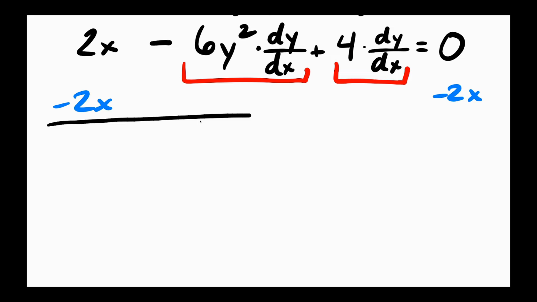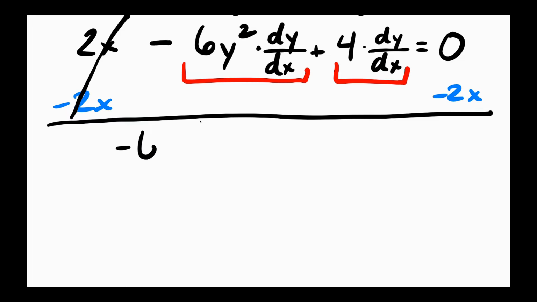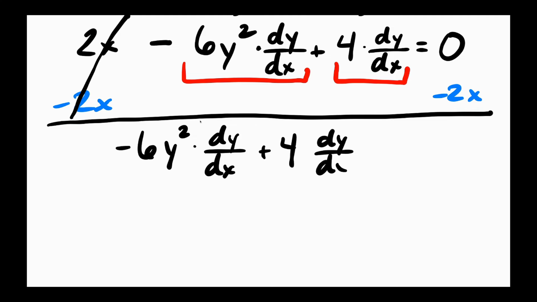That goes away. I have a negative 6y squared with a dy dx tag on it, plus a 4 with a dy dx tag on it, and that all equals negative 2x.